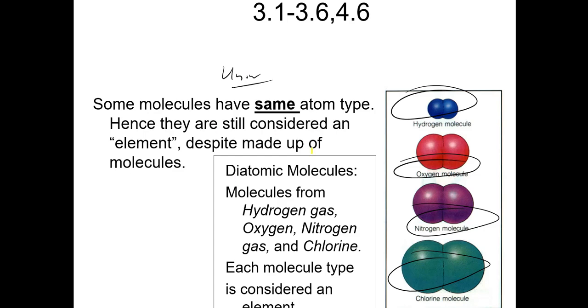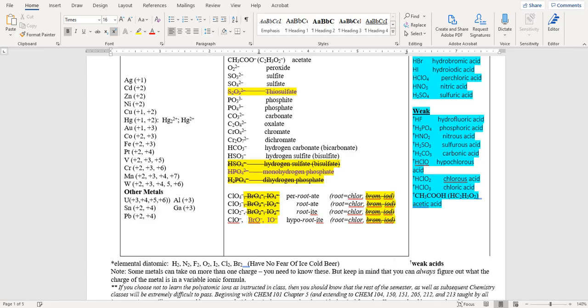Notice they're all elements because they all have the same atom type, and this one's color coordinated. On the second to the last page of your syllabus, there's a nice saying: have no fear of ice cold beer.